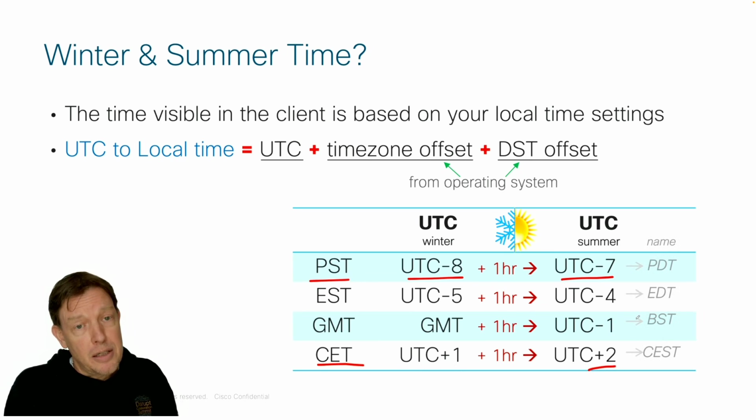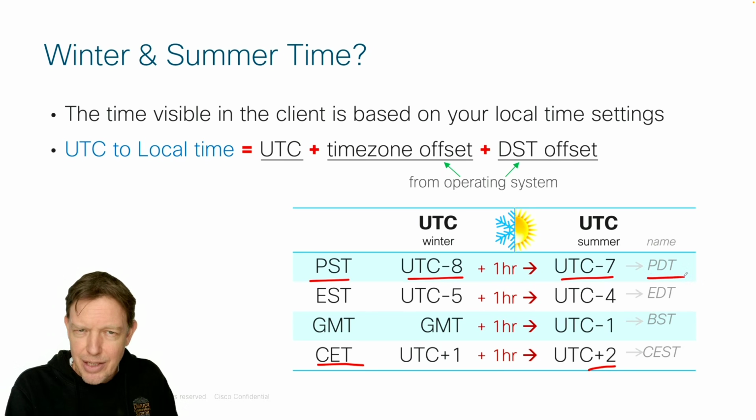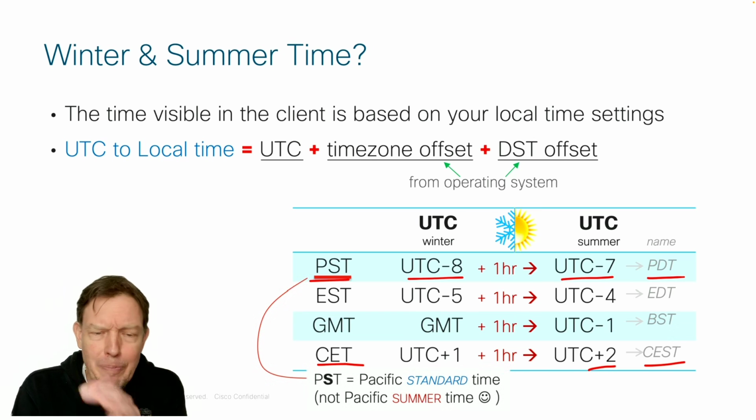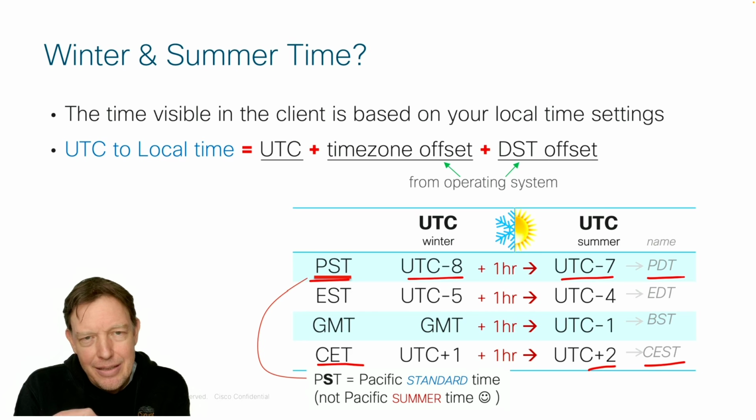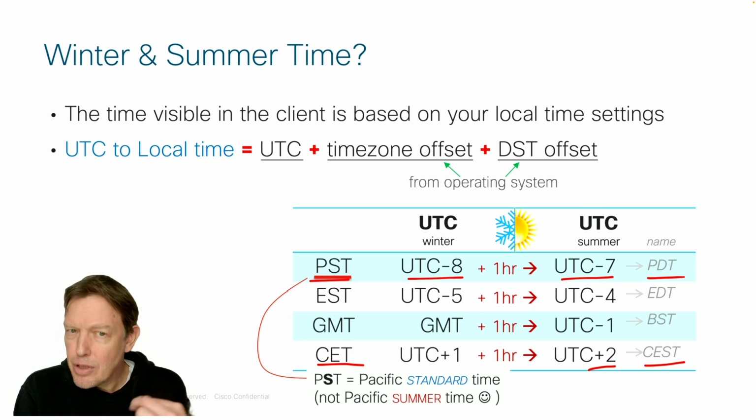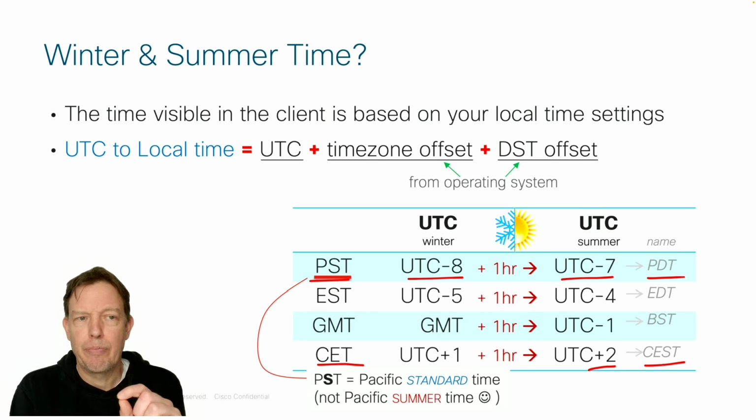To make things easier, as we continue to do, we changed the name. So Pacific Standard Time in the winter becomes Pacific Daylight Time in the summer. And Central European Time becomes Central European Summer Time. Isn't that lovely? By the way, PST is Pacific Standard Time, not Pacific Summer Time.